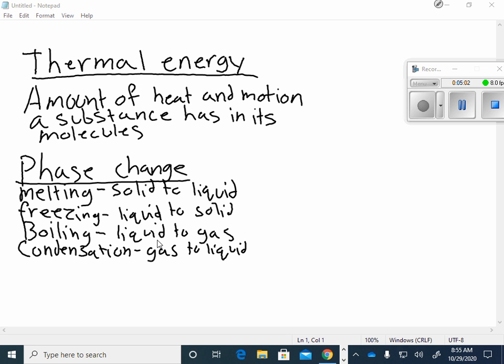You notice on the side there's water droplets. Those water droplets are because the steam of the water hitting the top of this glass is much hotter than the top of the glass is, and so that steam loses its thermal energy to the top of the glass and comes back into liquid.